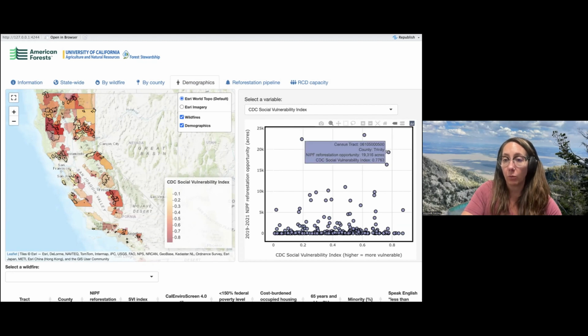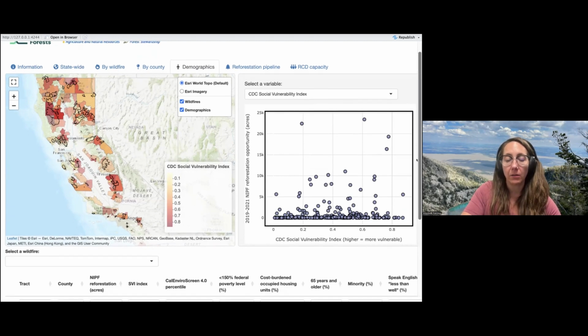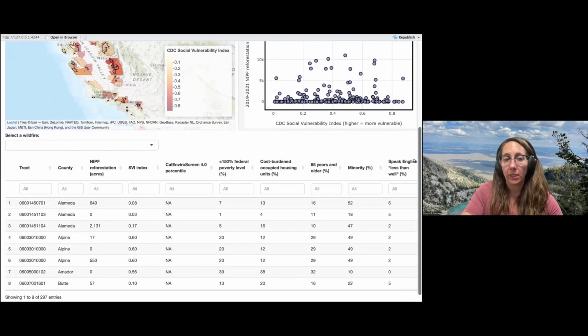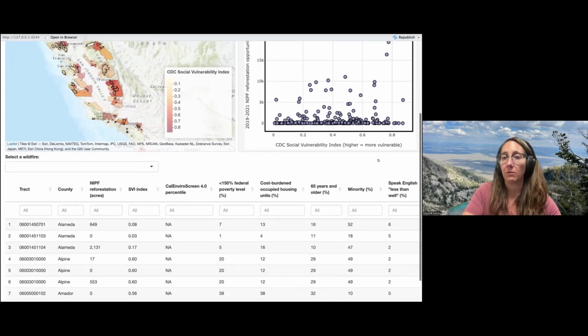So if I want to find one with really high social vulnerability and high need, I can just highlight over that and it'll tell me what county and what census tract that opportunity and high social vulnerability is in, so that I could potentially target my outreach to that particular location. And similarly, we have all of this listed in a table down here.